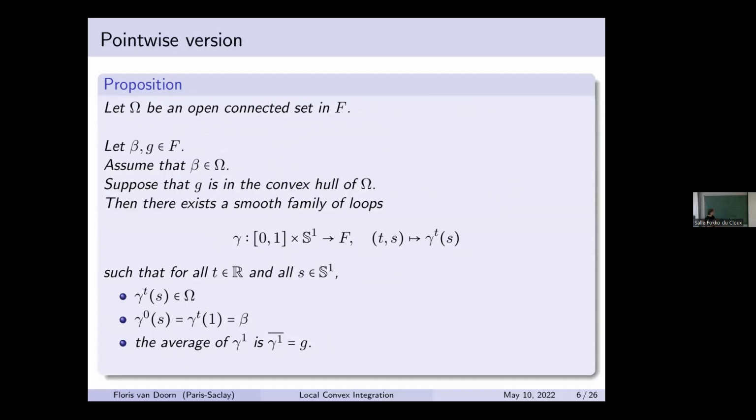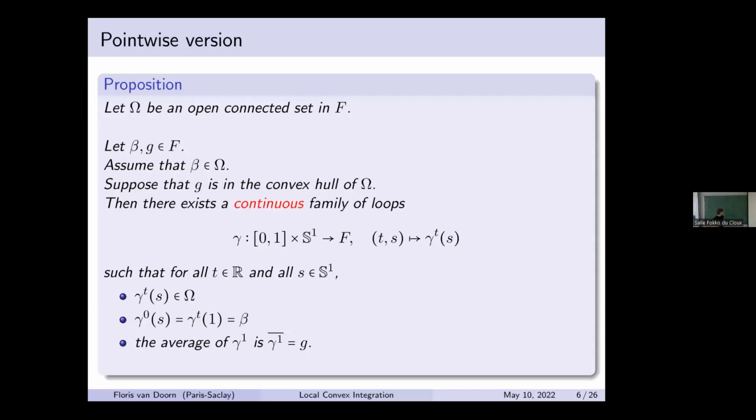So now omega is just a single open connected set in F. Now beta and G are elements of F. They have a bit of a weird name, but I keep the same name because they are functions, just evaluated at a single point. Beta lies in omega, and G is in the convex hull of omega. And now we just need, for one single x, a family of loops, really a loop and a homotopy, such that these properties hold.